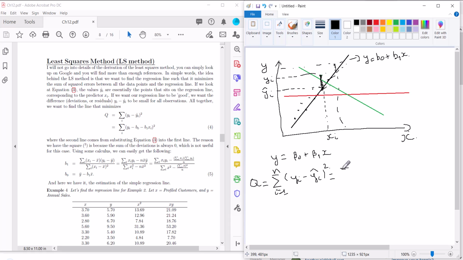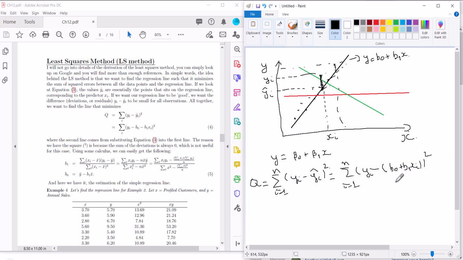So we can further write this expression down as the sum of yi minus y hat i, where y hat i, if you plug the value xi in here, becomes b0 plus b1 xi, all squared.